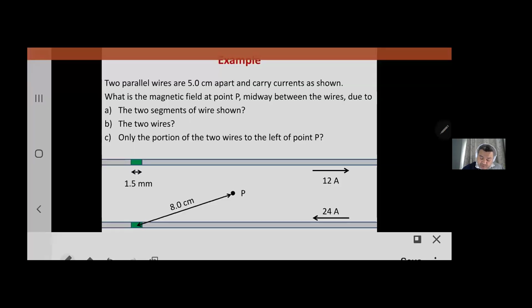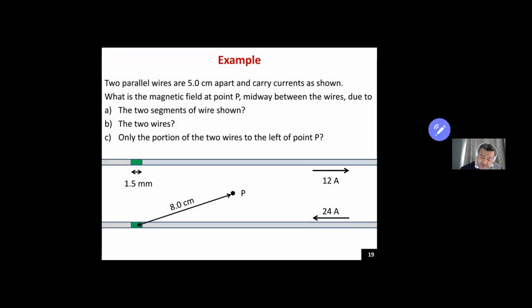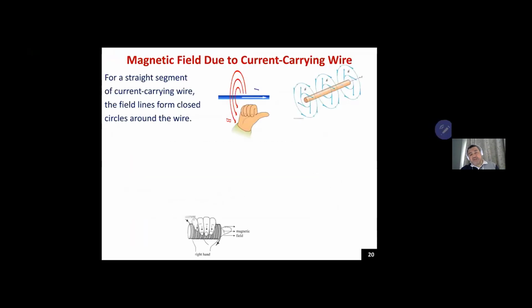So let's move on to the next slide. In this slide, I just want to reiterate the differences in finding the magnetic field for a straight wire and for a loop.